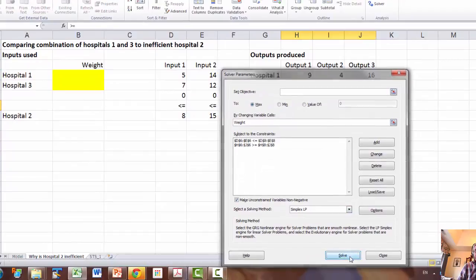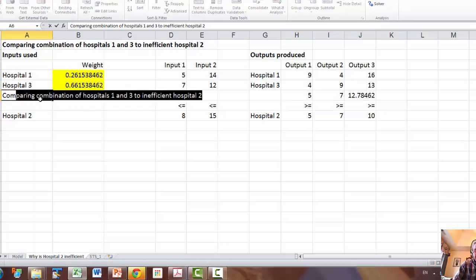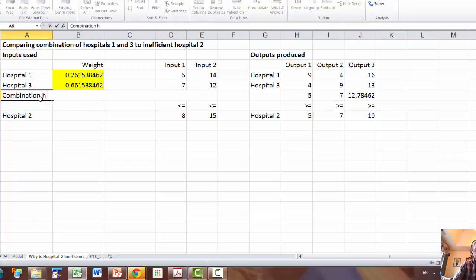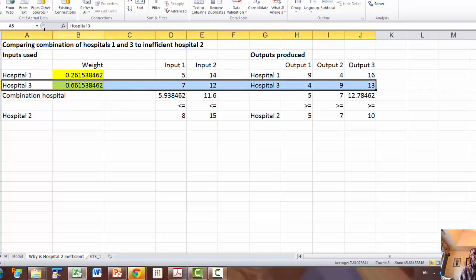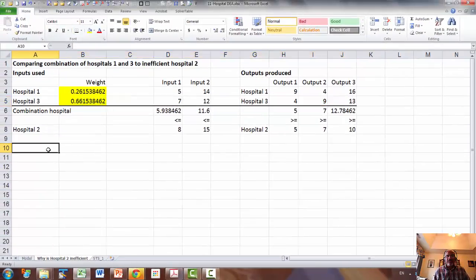Okay. You solve and you see for this weight the combination hospital, so let's call this combination hospital, okay, uses less input and produces at least as much or more output. So this clearly shows that hospital 2 is not operating at the same efficiency as the other two hospitals.